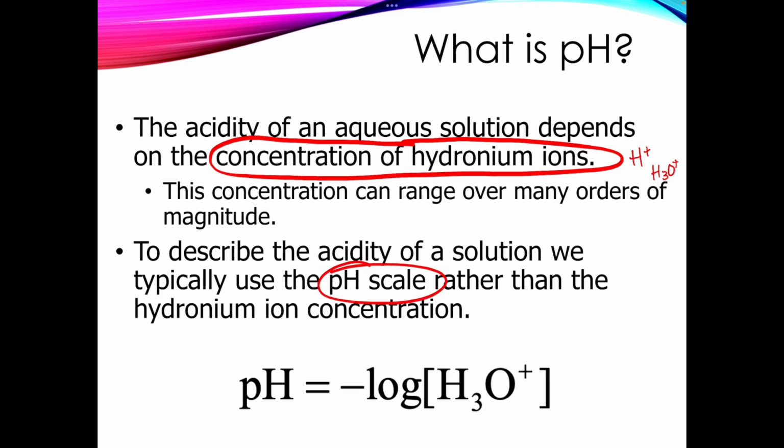The way the pH scale works is we're just going to take the negative log of our concentration of our H3O plus ion. So when you type this in your calculator, you would put negative, hit that log button, and then type in the molarity of your H3O plus concentration. And now that will make your pH a whole number, which is much easier to work with and to talk about.